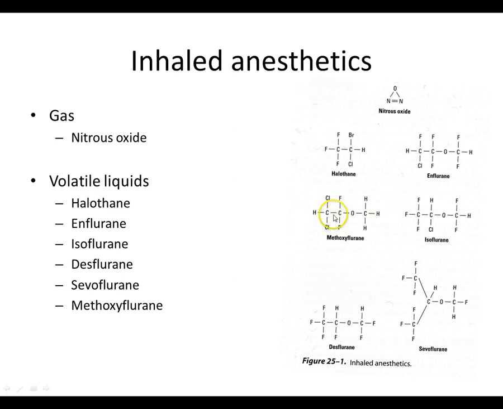So ether would be carbon, carbon, oxygen, carbon, and then another carbon here. And so most of these are halogenated derivatives of an ether backbone, except that one of the carbons is gone. So again, highly halogenated, you have chloride and fluoride ions. These can lead to some of the toxicity that we'll talk about.